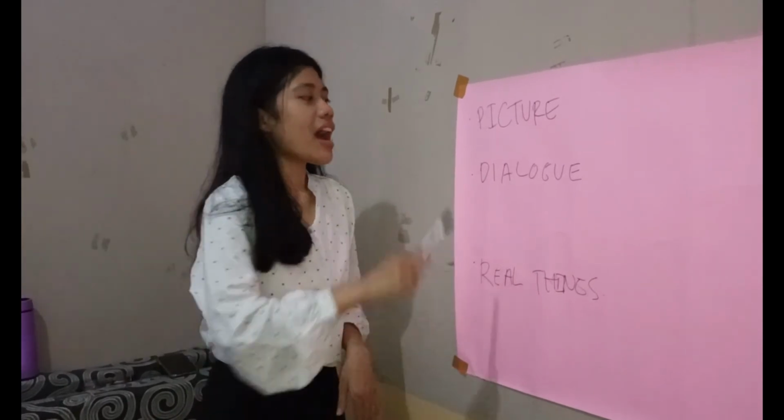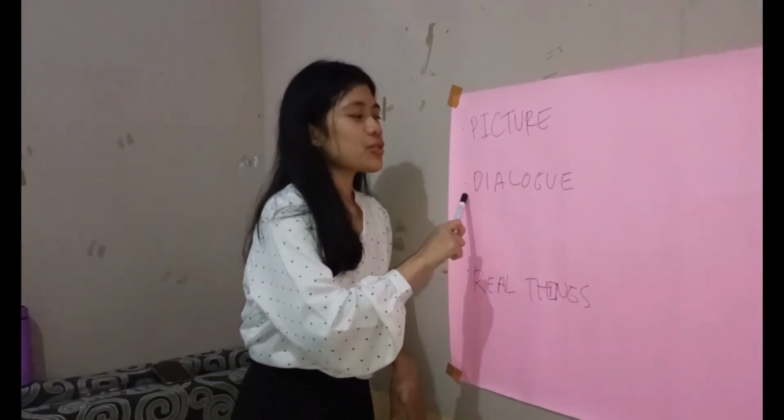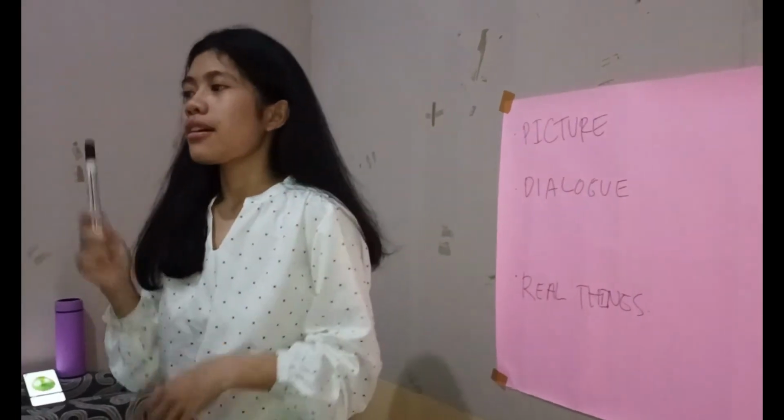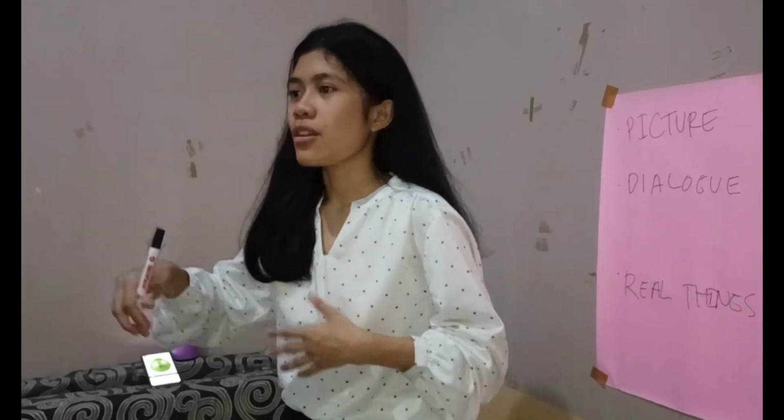So we are going to learn about dialogue. I want you guys to have a dialogue with me. So I'm going to ask Hannah. Hannah, what is your full name? Hana Sabrina Rahayu Pardede. And what is your hobby? Singing and swimming. Your favorite color? Black.